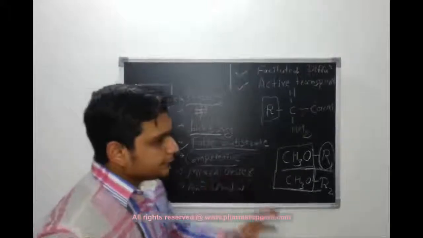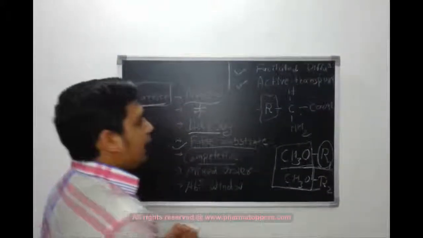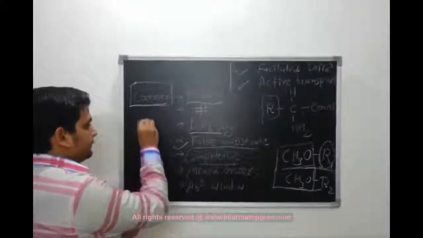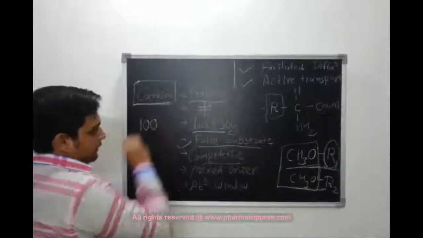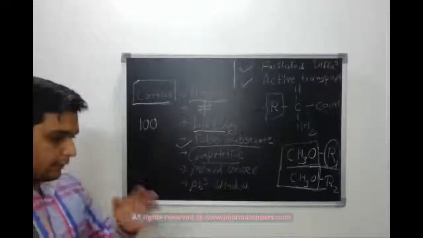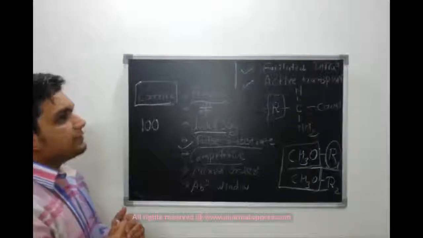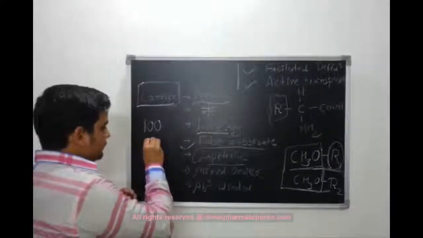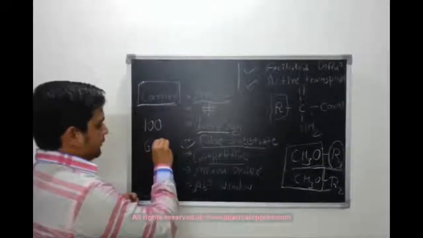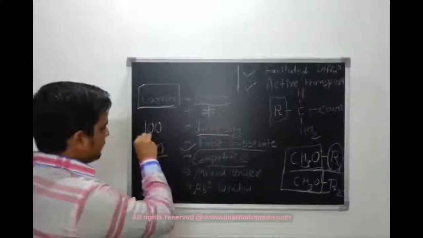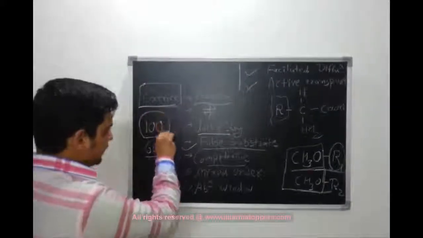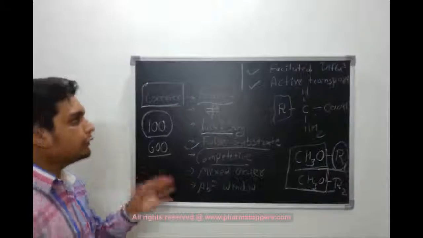Now, as the carrier is there, suppose I have 100 carriers, and I am giving a drug which has, say, 600 molecules. These are all hypothetical numbers. So what is going to happen?